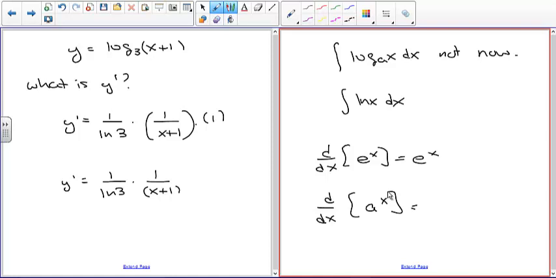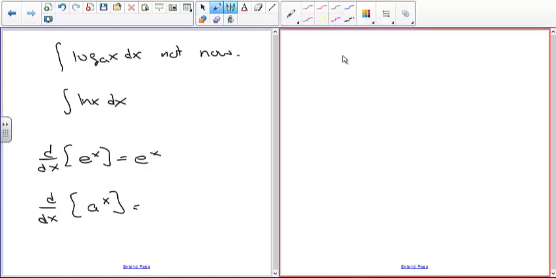So what you do here to derive this one, you use logarithmic differentiation. So let's do it. We'll go to the next page. We'll say y is equal to a to the x. What is y prime?